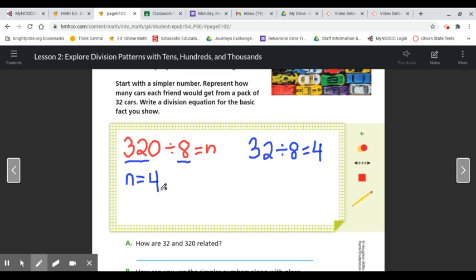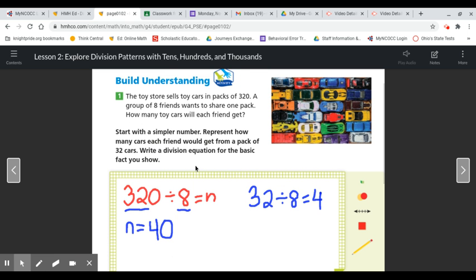But just like when we did multiplying with our basic facts, we need to look and see we have this 0 here from this nice multiple of 10, so we need to include that in our answer as well. And n would equal 40. 40 would be the answer telling us how many toy cars each friend would get.